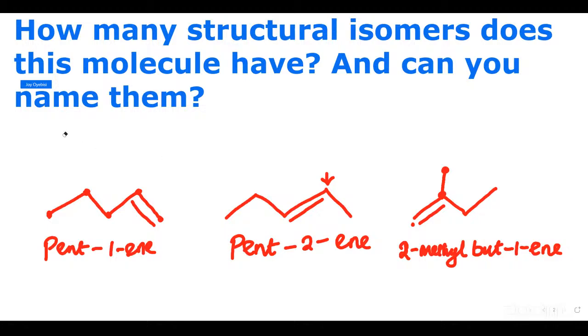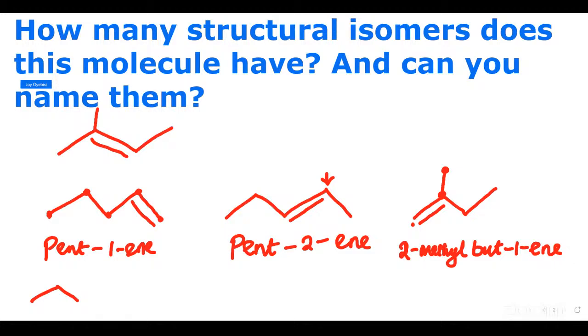Okay. Now we can go ahead and do another one, which is to move the chain. I'm going to write that on top. So if I move this double bond to the middle, like that, and still have my methyl there, the name is going to be almost the same.